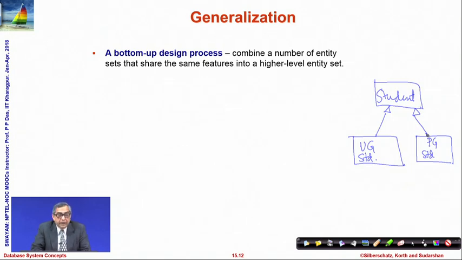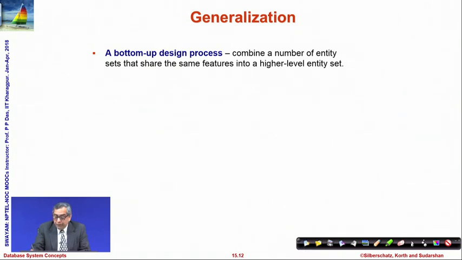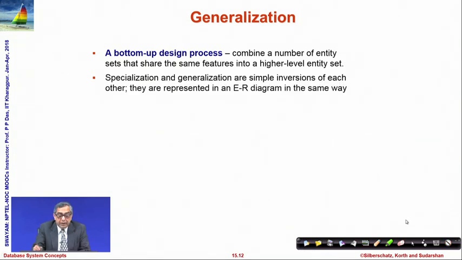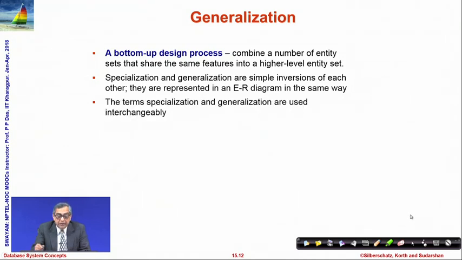So, all that you are doing is, instead of going top down, you are going bottom up in the whole approach. If you do that, then you can easily see that specialization and generalization are inverse of each other, and they are used interchangeably in entity relationship design.